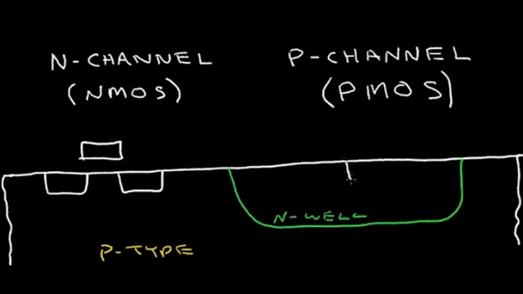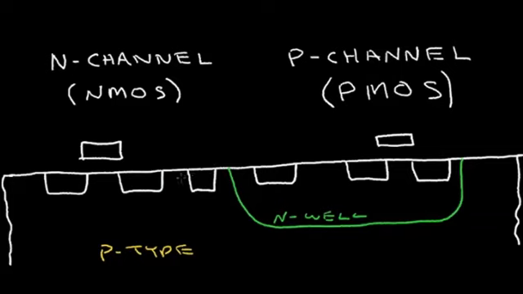It has a diffusion, but this diffusion is a different type of material from the NMOS transistor. There's a gate like the NMOS, and there's also another diffusion that will go here, and this diffusion will connect to the well. There will be a diffusion out here that connects to the substrate.